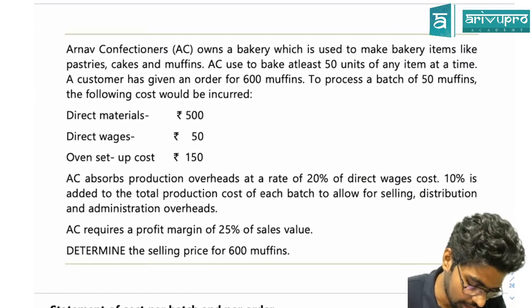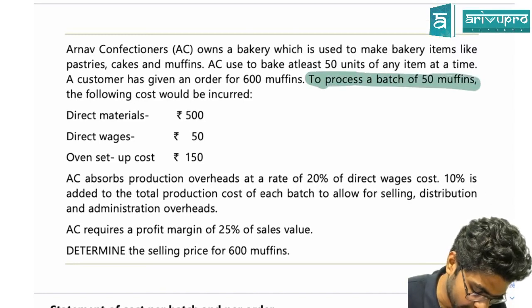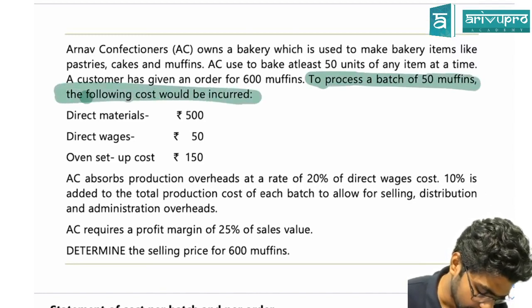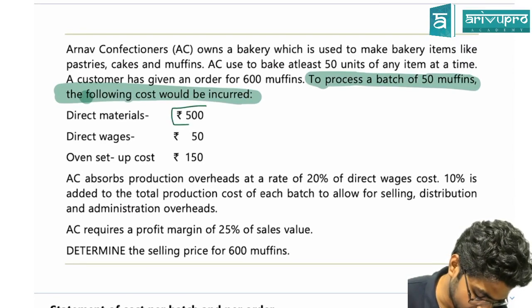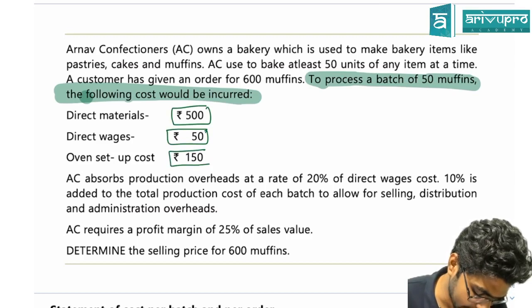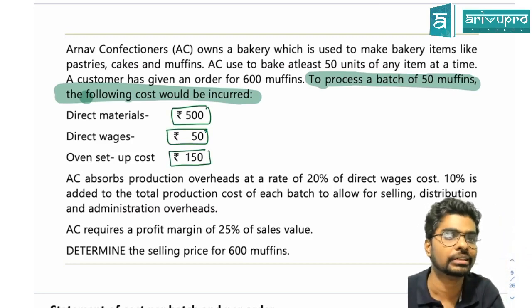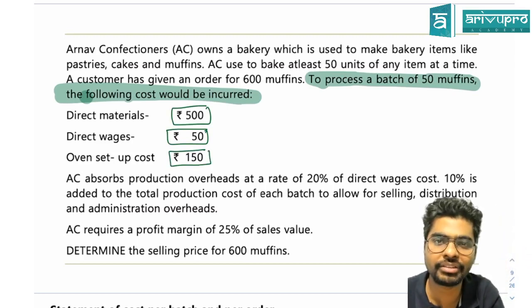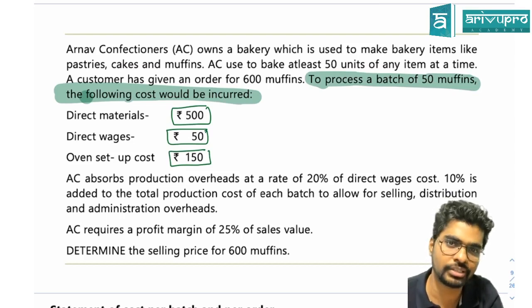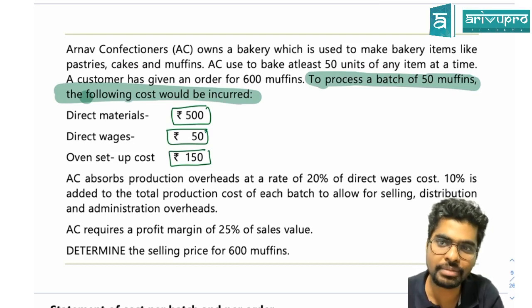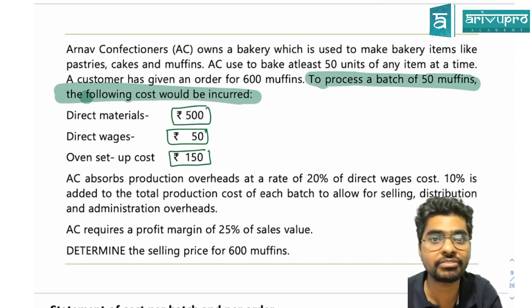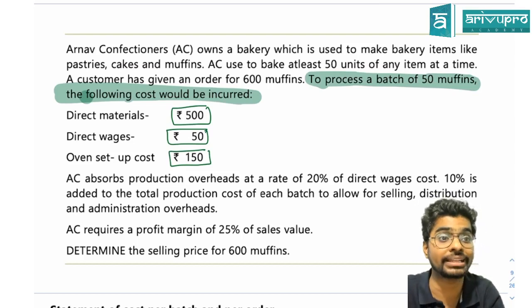To process a batch of 50 muffins, the following cost would be incurred: direct material 500, direct wages 50, oven setup cost 150. Now, where does this have an impact? Your direct material cost is how much? 500 per batch.